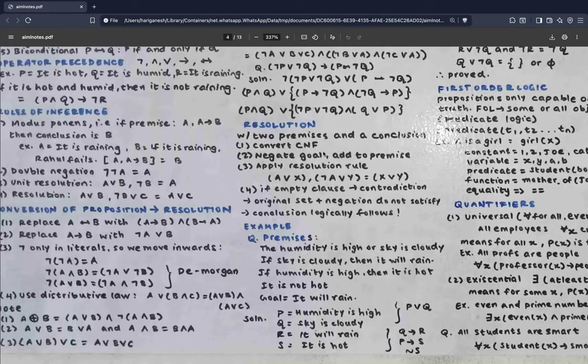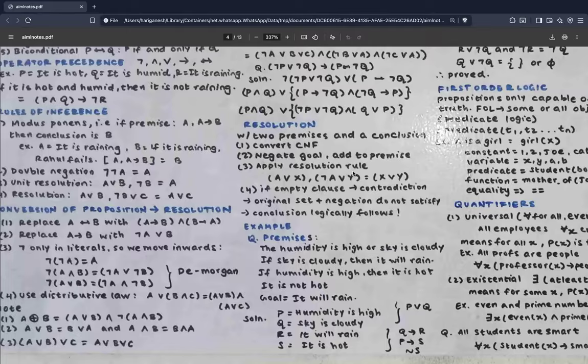So first you convert to CNF, the resolution form. Then the next thing you do is take the negation of the goal and add it to the list of premises we have. Then we apply the resolution rule, which is when you have A or X and not A or Y. So basically, you have A in one statement and not A in another statement.